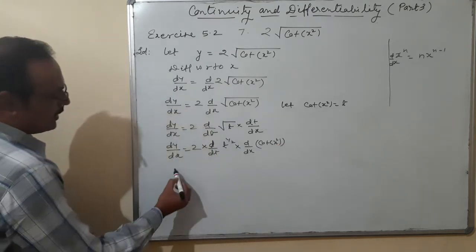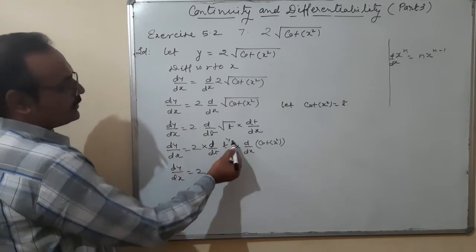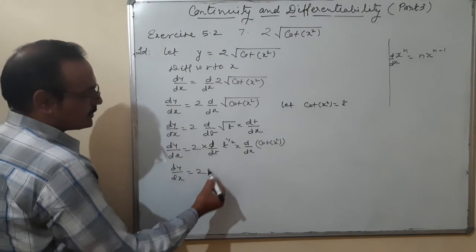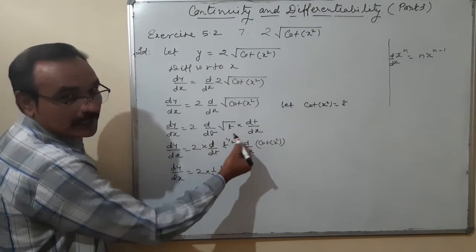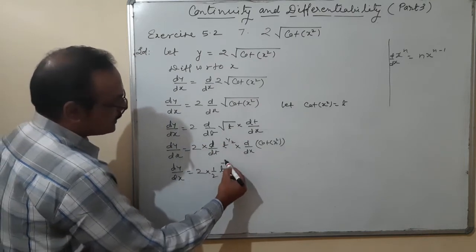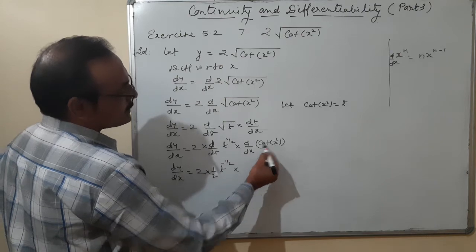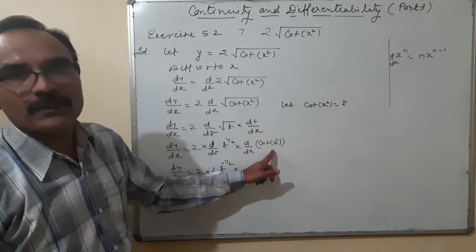Okay, after that dy by dx is equal to 2. Here we are using the basic formula x to the power n and n x to the power n minus 1. So it is coming 1 by 2 t to the power 1 by 2 minus 1, that means minus 1 by 2, into d by dx of cot x square.